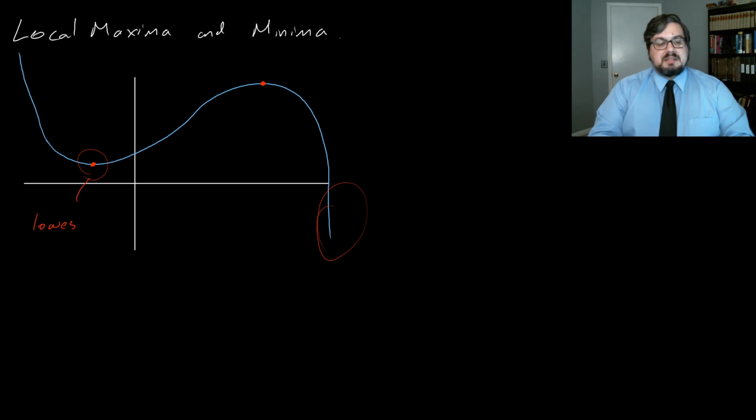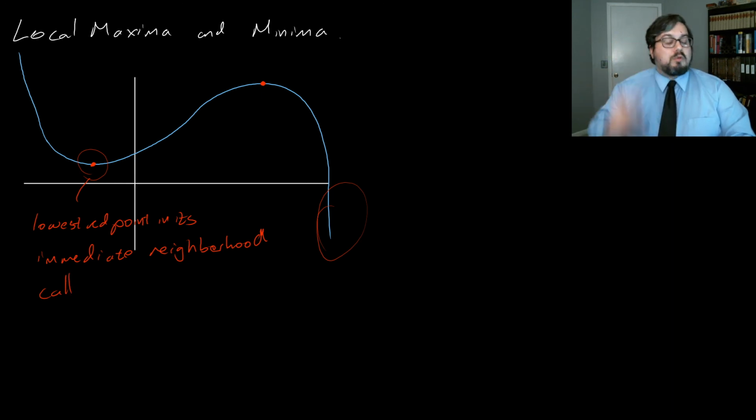So this is the lowest point in its immediate neighborhood. And so we call it, or rather we call its y value, a local minimum.